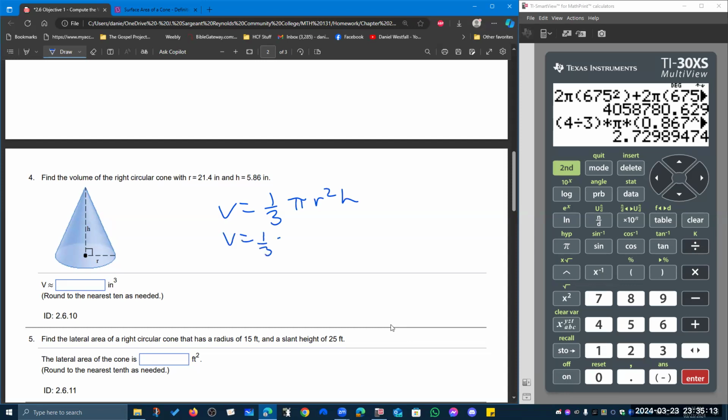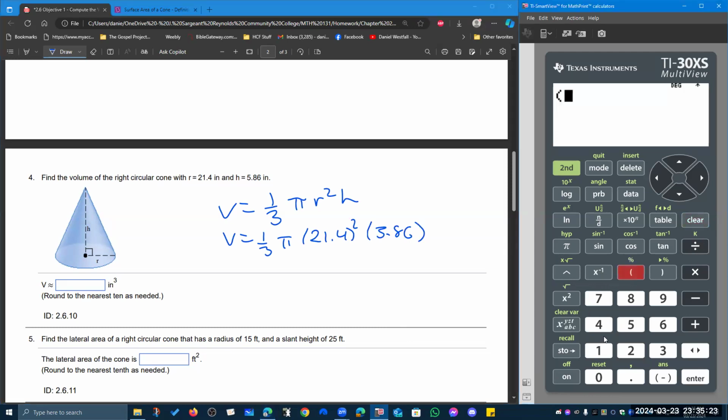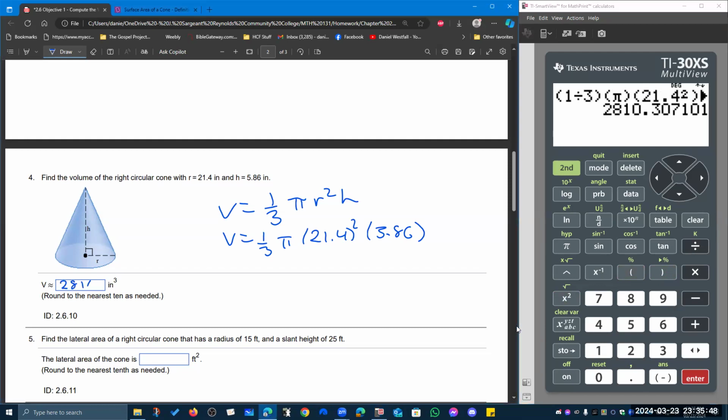So 1/3 pi times 21.4 squared times 5.86. 1/3 times pi times 21.4 squared times 5.86. And then round to the nearest 10 as needed. Like so.